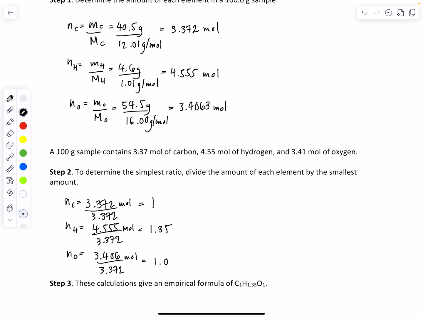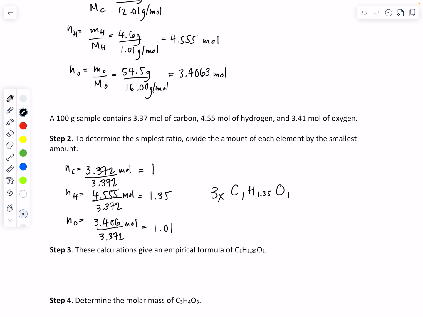And for oxygen, we get 1.01. So this gives us the empirical formula C1H1.35O1. If we multiply each of these by 3, we end up with C3H4O3.